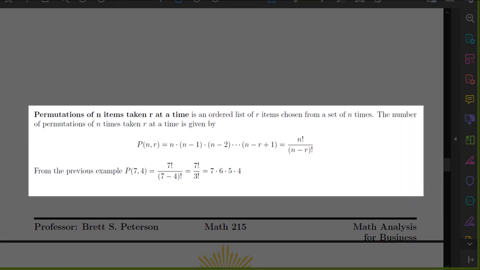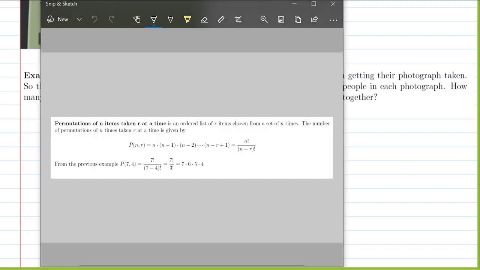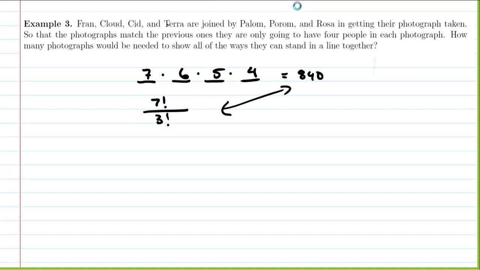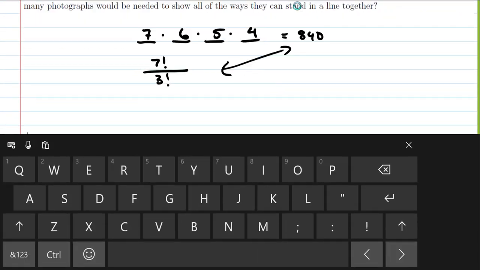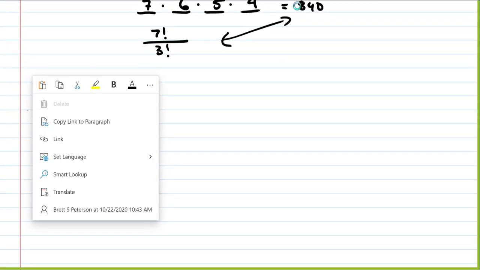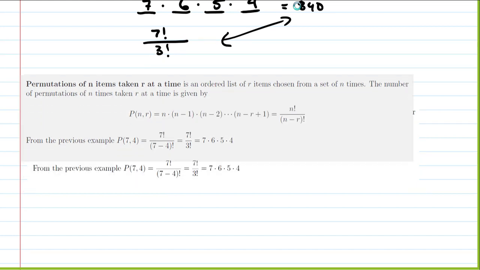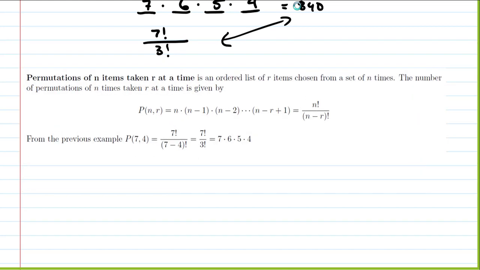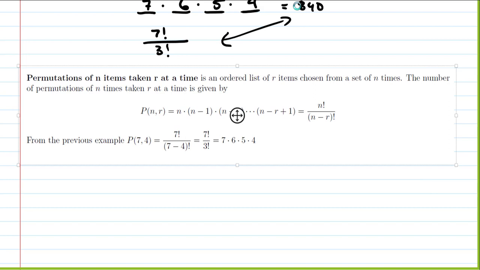So, speaking of which, let's take a look at what exactly happened there. And we're going to now formally define what it is to be a permutation. So a permutation of n items taken r at a time is an ordered list of r items chosen from a set of n items.